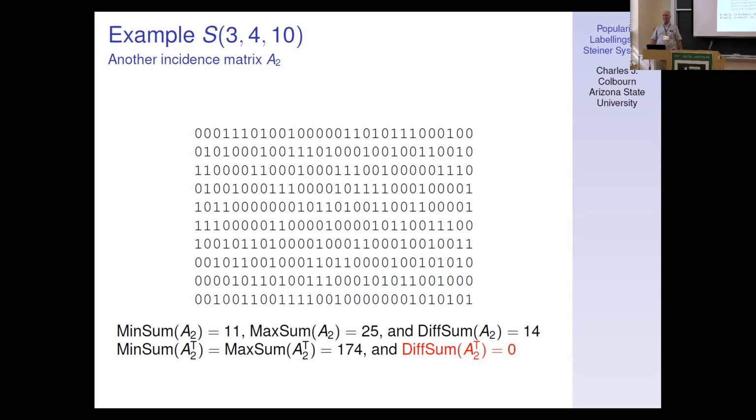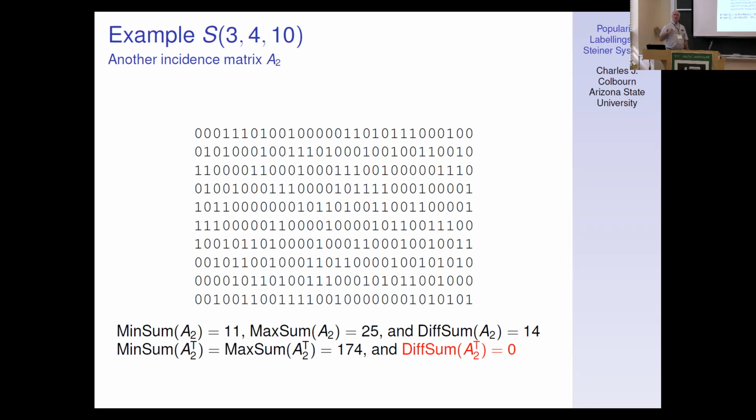Okay, so that may sound a little bit surprising. You may have to pay a price. If you insist on increasing the min sum, you may be forced to increase the max sum as well. So that's kind of instructive that I went from a diff sum of 24 down to 14, but I really am in this example stuck there.